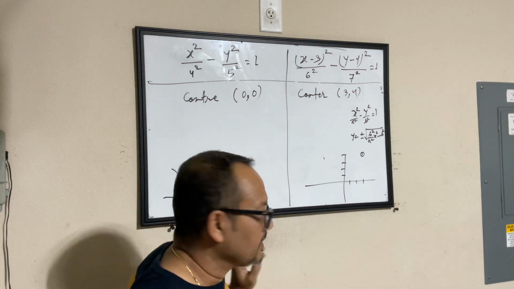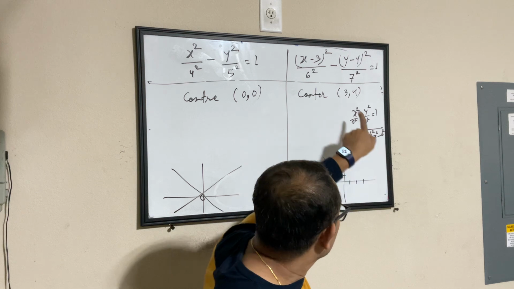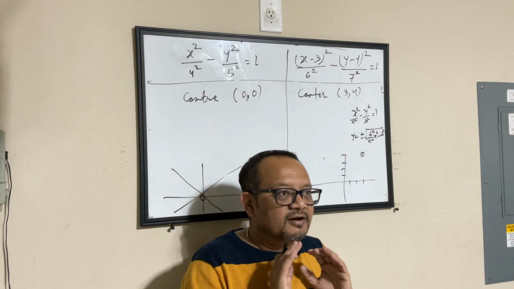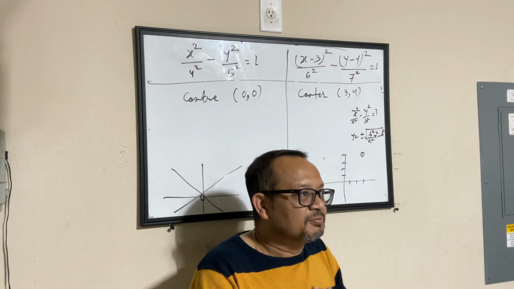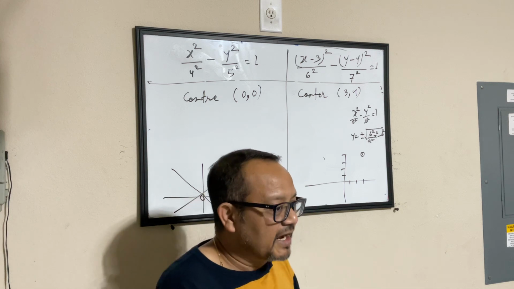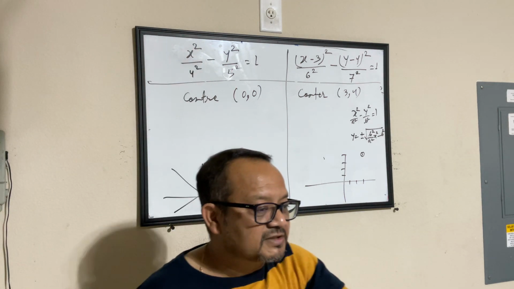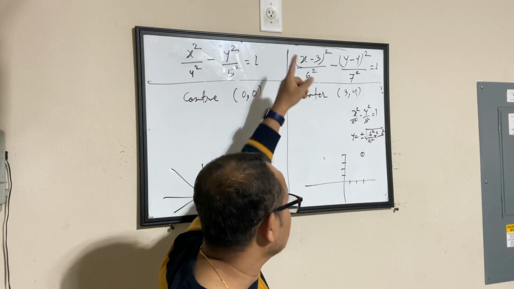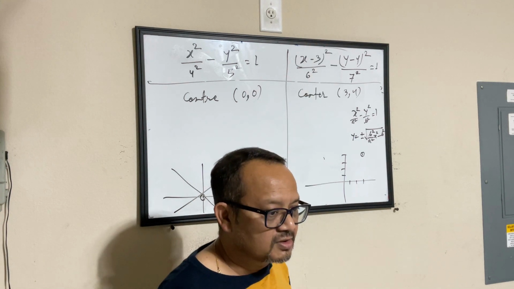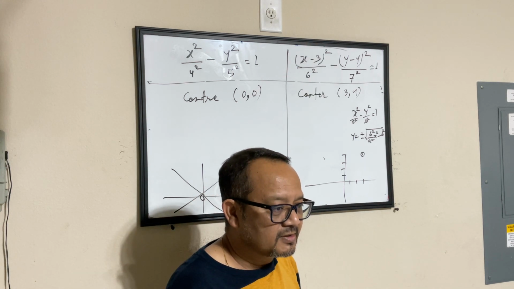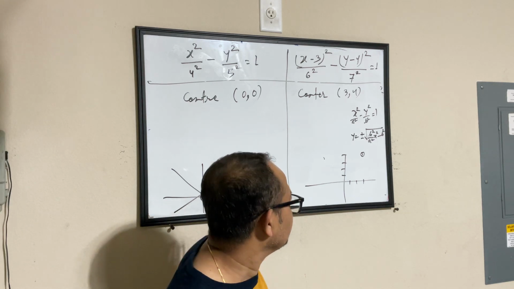So the simpler or faster interpretation that you can carry with you always is, if my x term is positive, it is side facing. If my y term is positive, it is upward and downward facing. Okay? Is that okay?